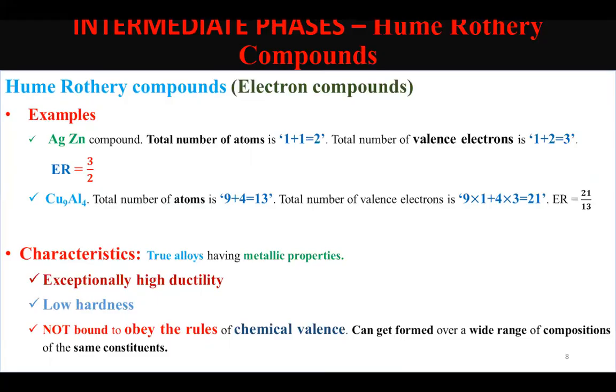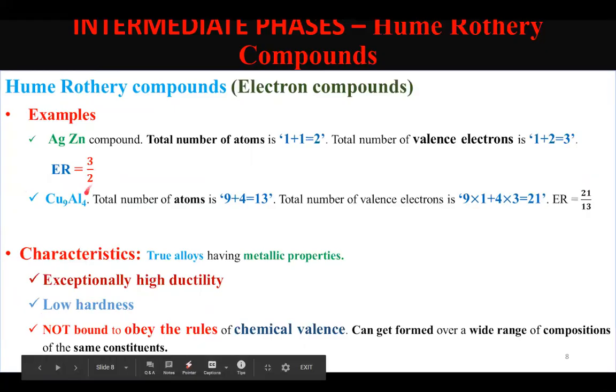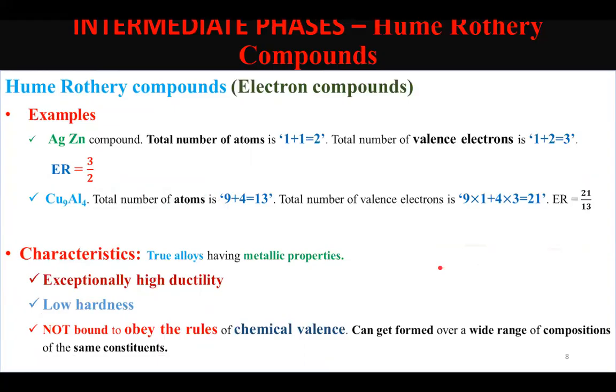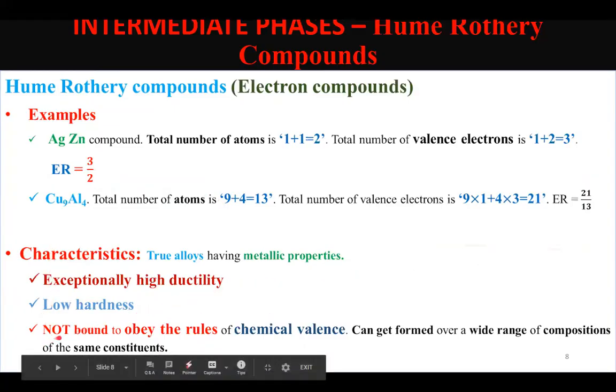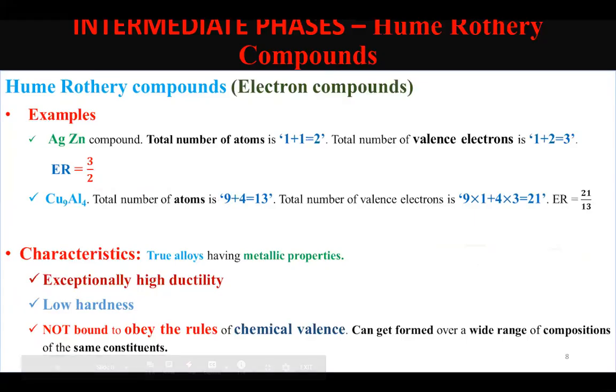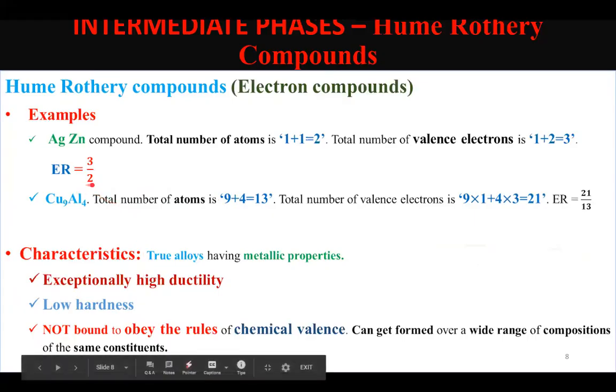They are only interested in achieving this electron ratio, either of 3/2 or of 7/4 or of 21/13. So even with the same constituent elements, they can form in different ways with different chemical formulas to satisfy just this condition of electron ratio.